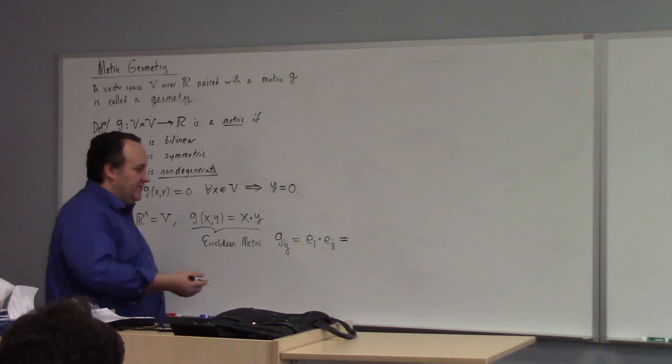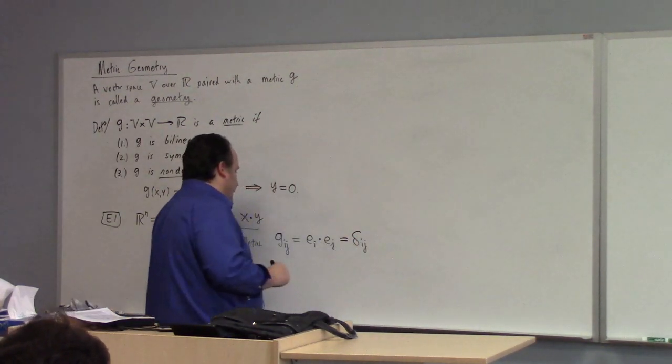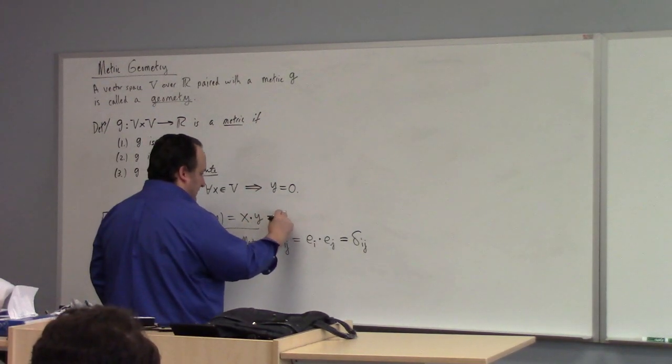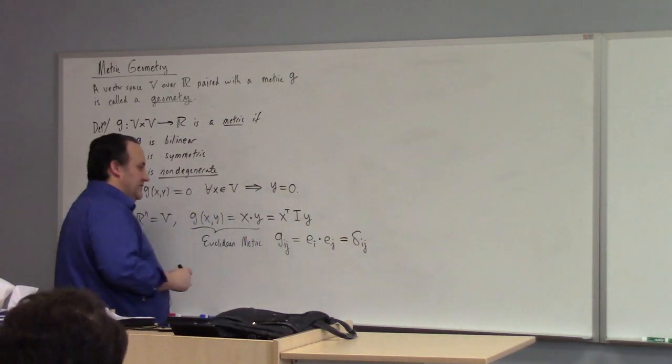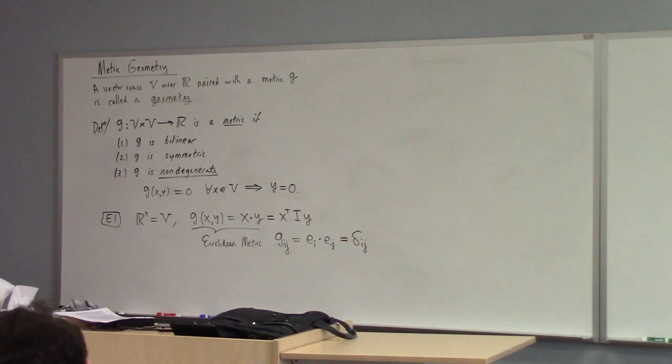But this, of course, the dot product of e_i and e_j is, well, it's Kronecker delta ij, right? So, which, we could also see this as like x transpose times the identity matrix times y. So if you wanted to, you could define the matrix of the Euclidean metric. The matrix of the Euclidean metric is just the identity matrix, all right?